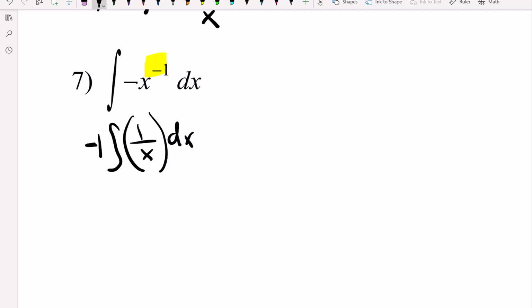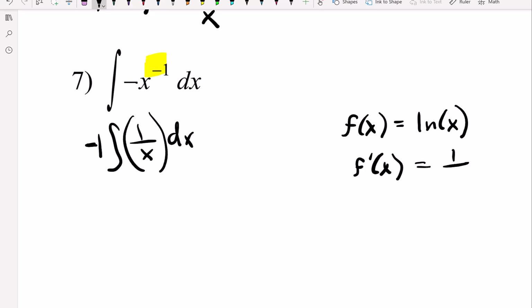Now, whose derivative is 1 over x? Well, the derivative of ln of x is 1 over x times the ln of e, which cancels.